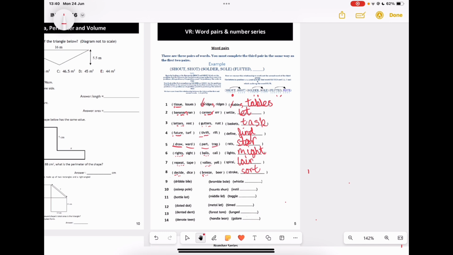Next is question 9. So there's dribble and bile, and then there's bramble, bale, and then whistle and something. So with bramble and bale, for example, it will be the first, third, and then the last two letters. With dribble and bile, this is slightly different. Okay, so this confirms how we're going to find the answer.